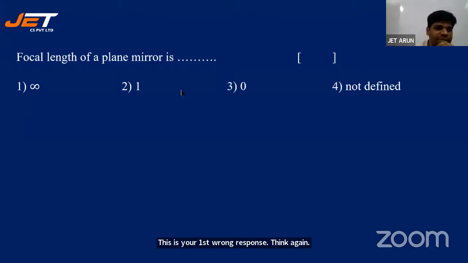Students, focal length of a mirror, they said plane mirror, not concave or convex. Plane. What do you mean by focal length? Rays from infinity converge to a point. That point is called the focal point. The distance between the pole and the focal point is called focal length.